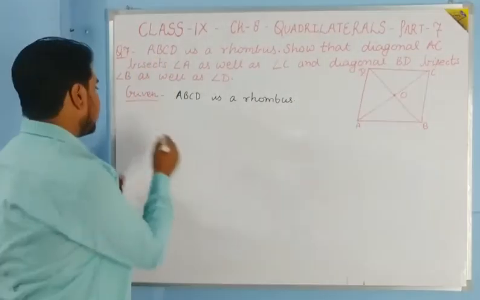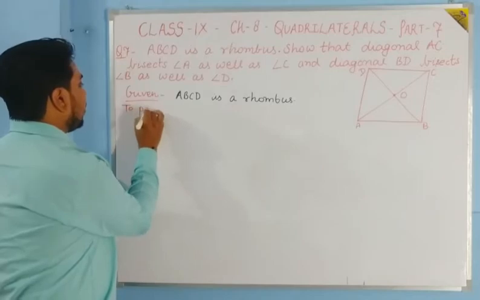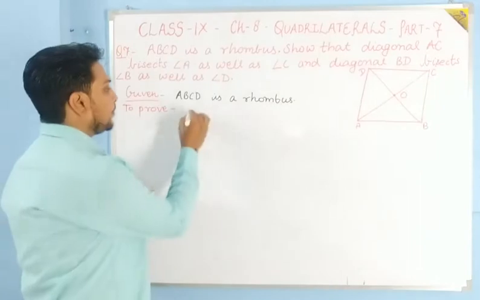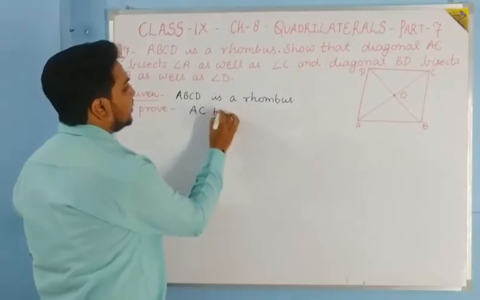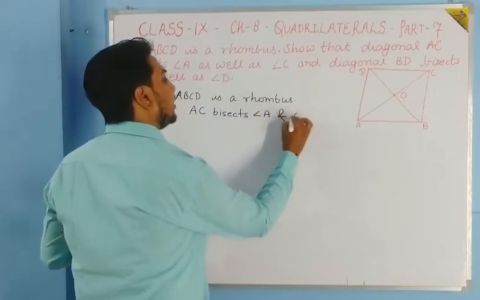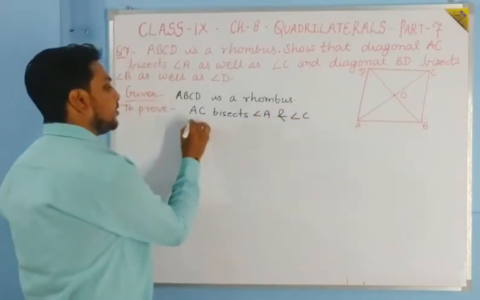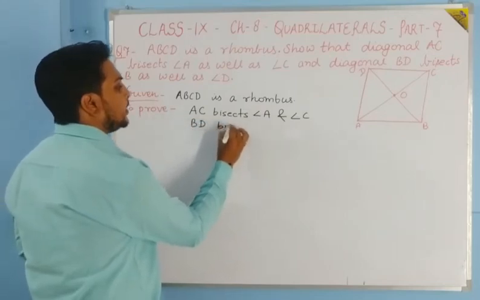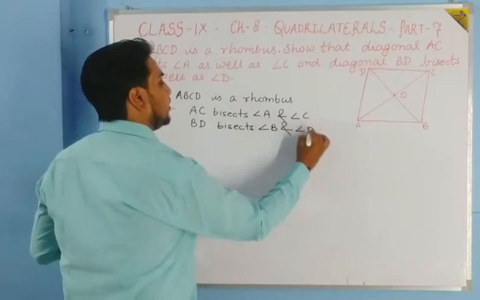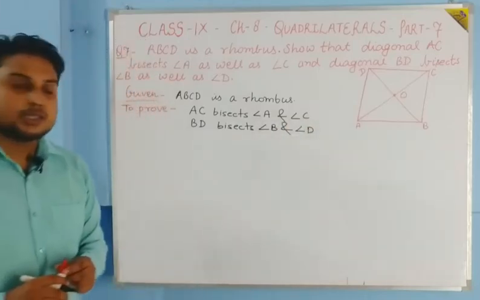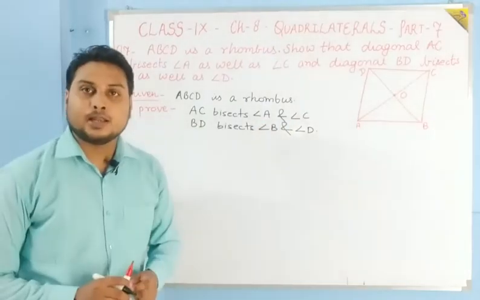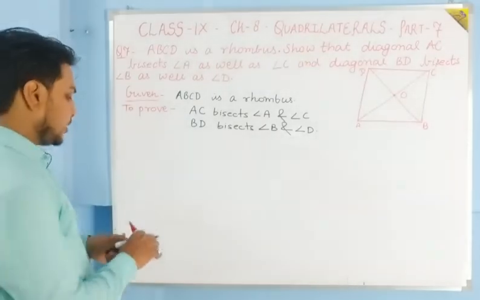We have to show that AC bisects angle A and angle C, and the second one is that BD bisects angle B and angle D. So we have to show that AC bisects angle A and angle C and BD bisects angle B and angle D. Okay, now students, how will we prove it?